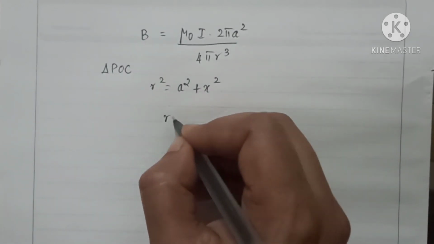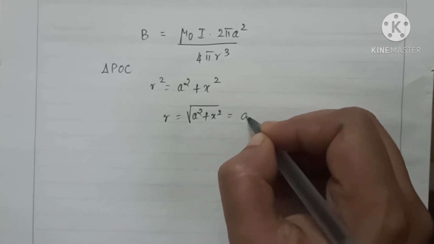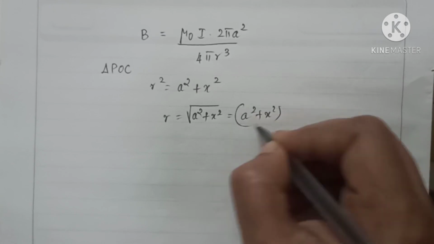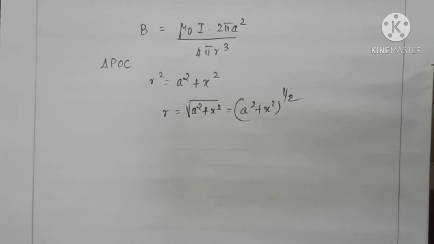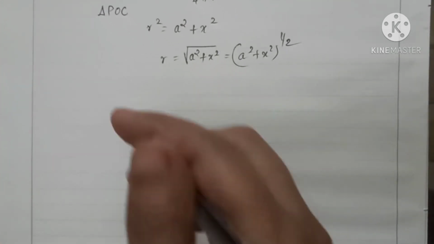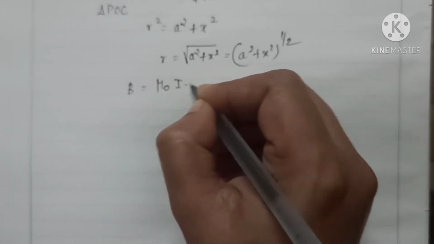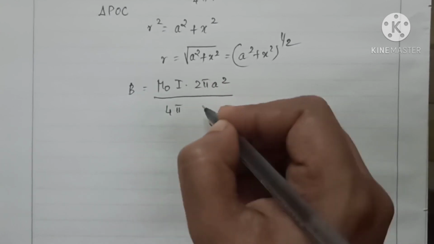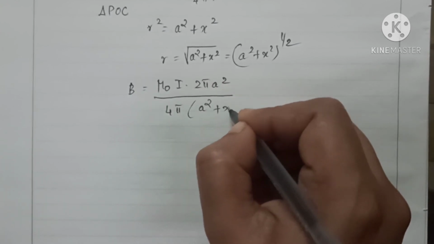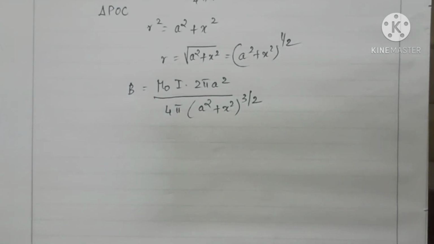Or r equal to root of a squared plus x squared, or a squared plus x squared the whole raised to 1 by 2. In the same way, we have done a derivation in our first chapter also. Then B is equal to mu 0 I into 2 pi a squared divided by 4 pi into a squared plus x squared the whole raised to 3 by 2.